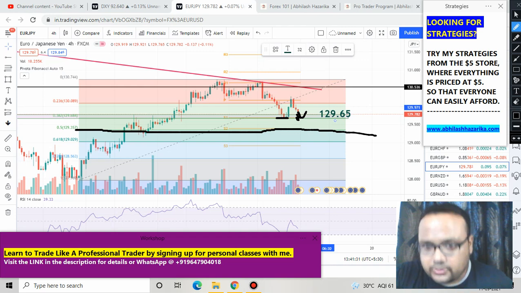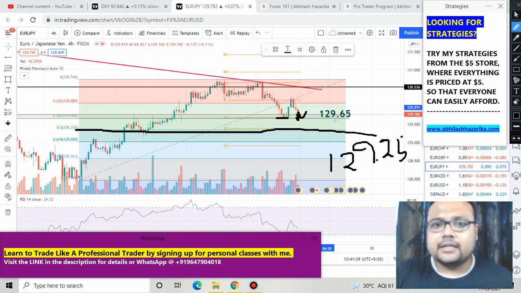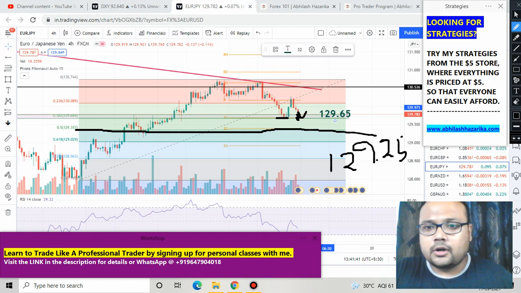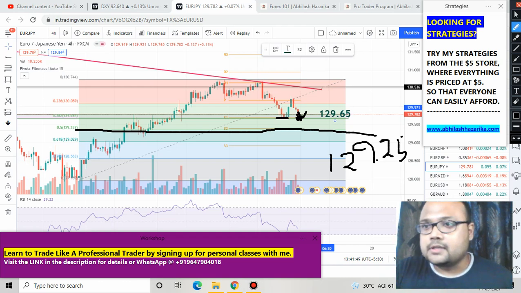So your 50% retracement level will be around, I think, 129.25. Okay, just draw this on your chart, because there is a possibility that after a breakdown the market may reverse from the 50% retracement.